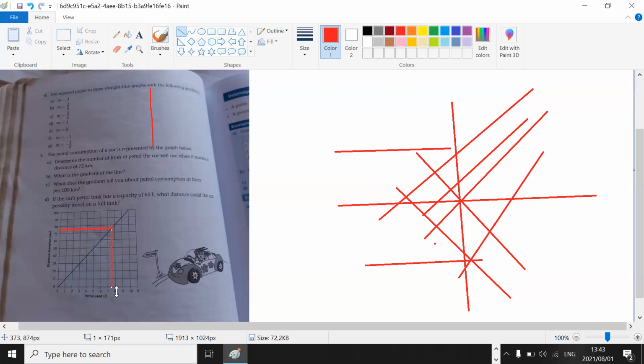So therefore, if this car travels 75 kilometers by this straight line that you are given, it means it's going to consume 7.5 liters. So we have answered the first question. Is it okay?